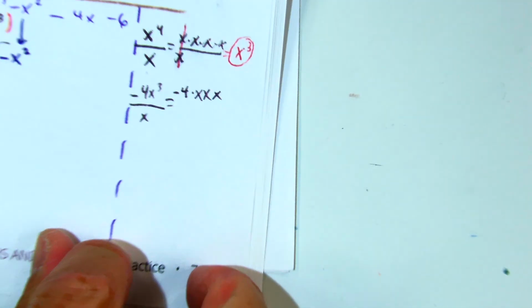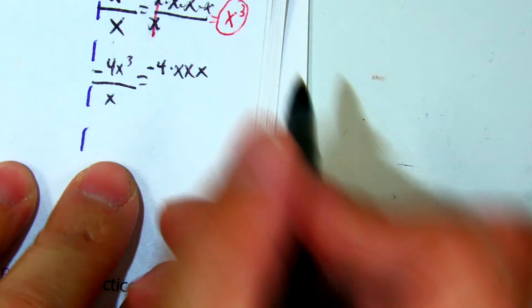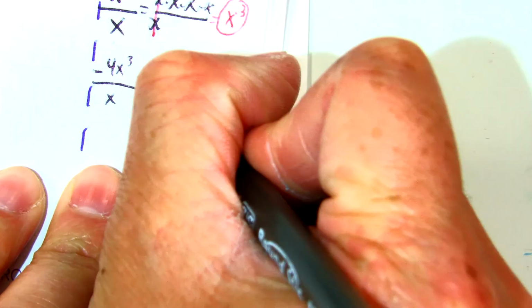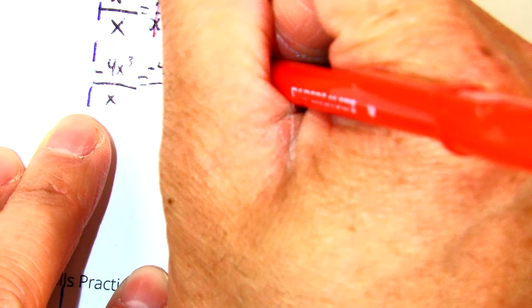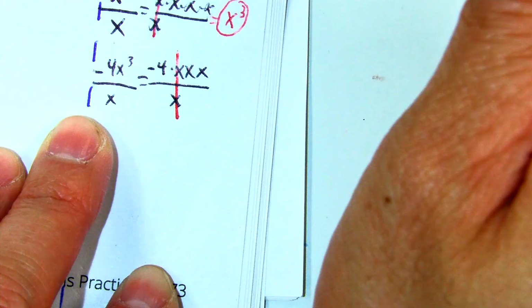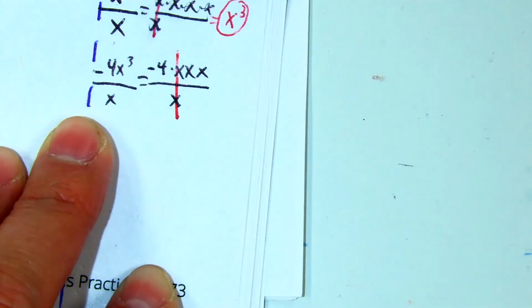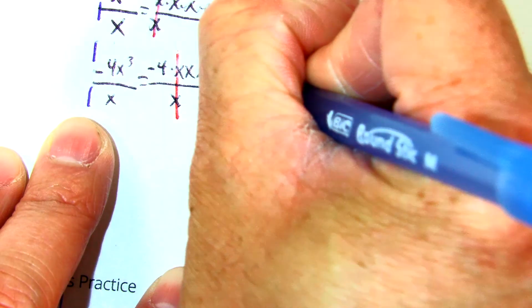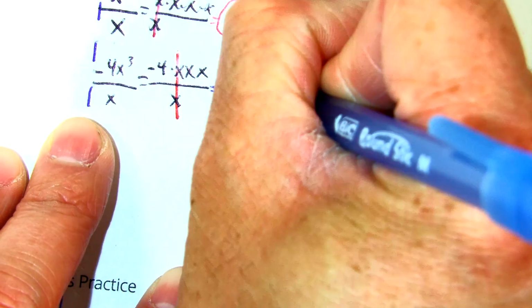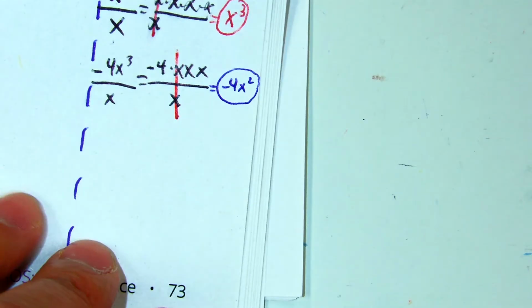And what goes on the bottom? Just an x. What cancels? X divided by x is 1, so it kind of looks like a big 1. And what are we left with? Negative 4x squared. So let's write that. Negative 4x squared.